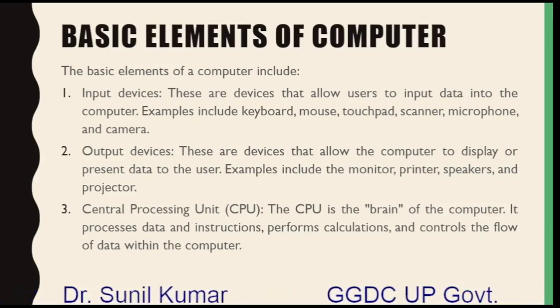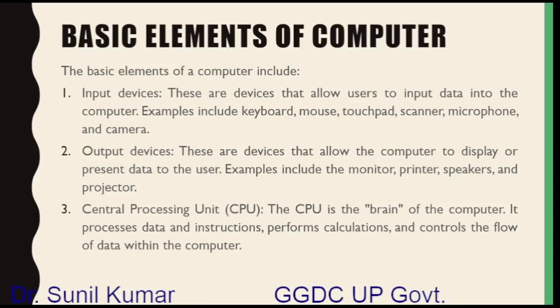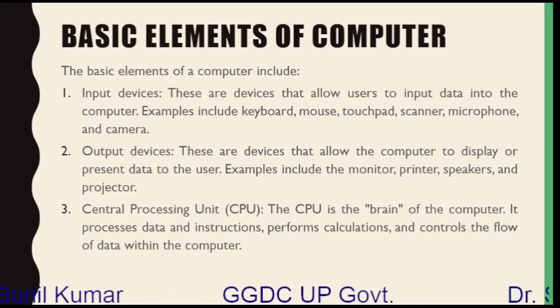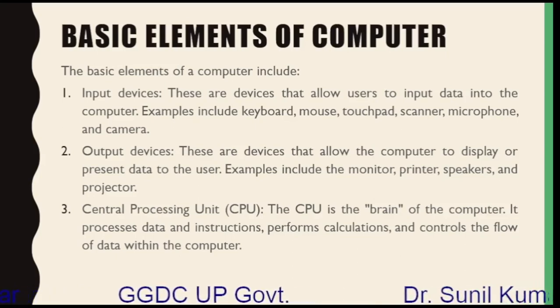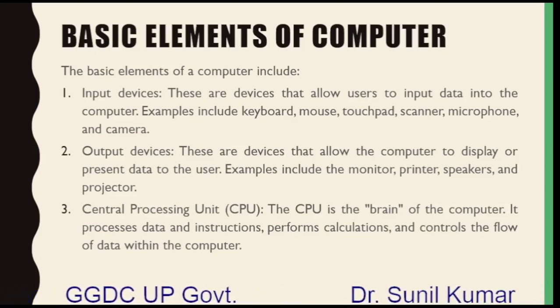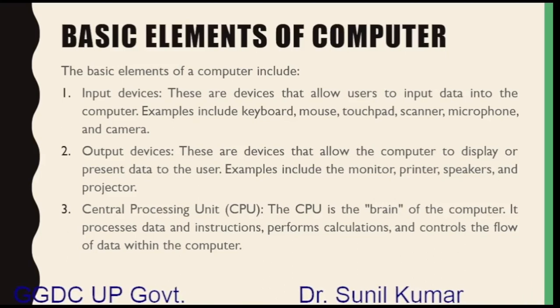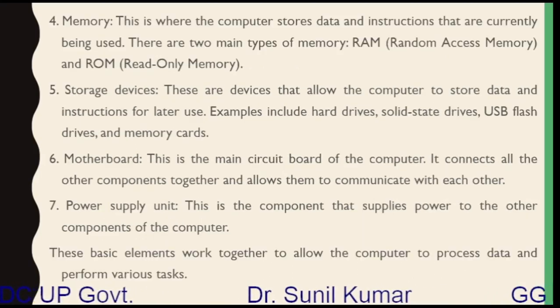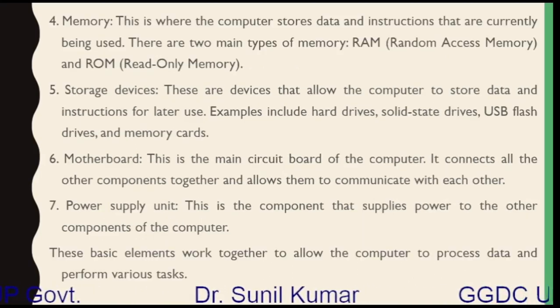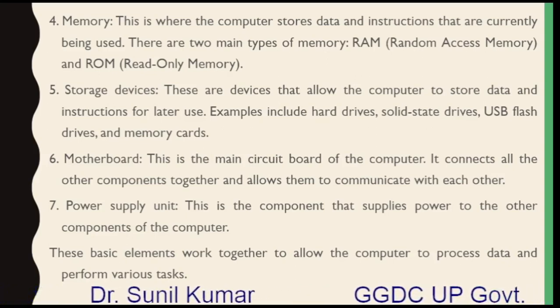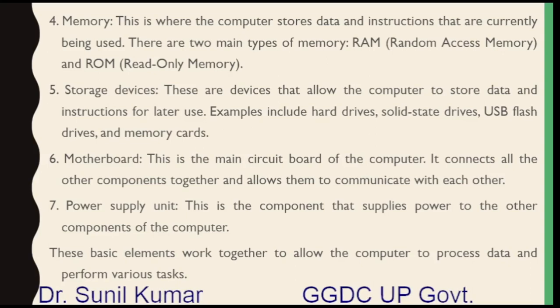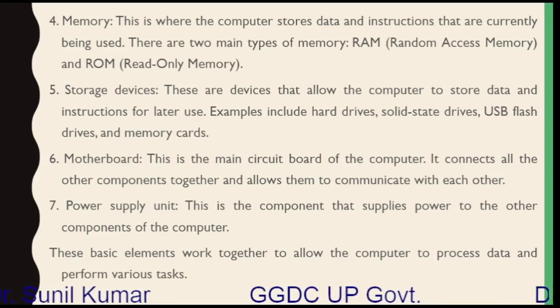Central processing unit. The central processing unit is the brain of the computer. It processes data and instructions, performs calculations, and controls the flow of data within the computer. Memory: this is where the computer stores data and instructions that are currently being used.